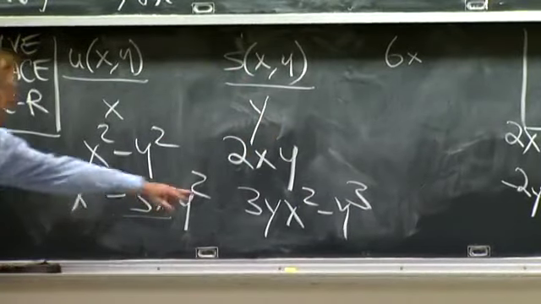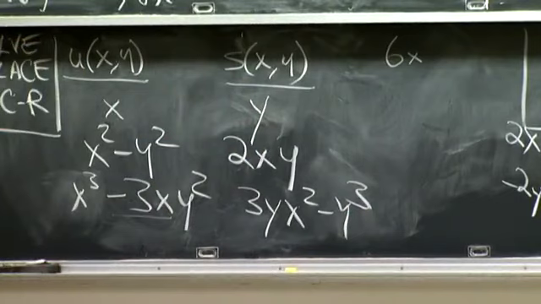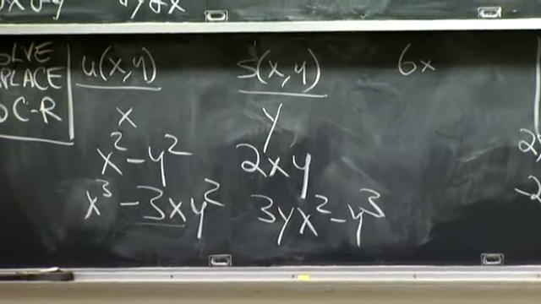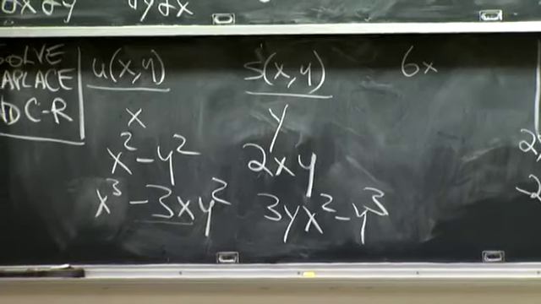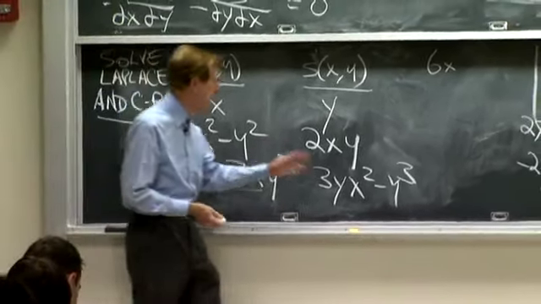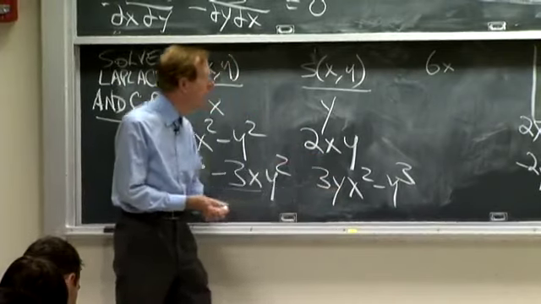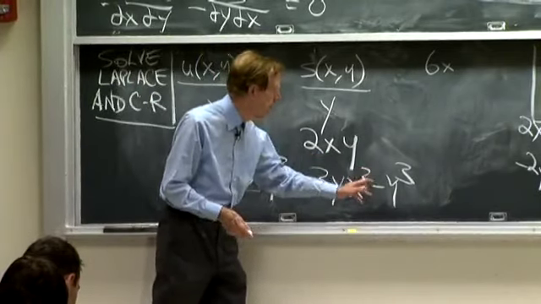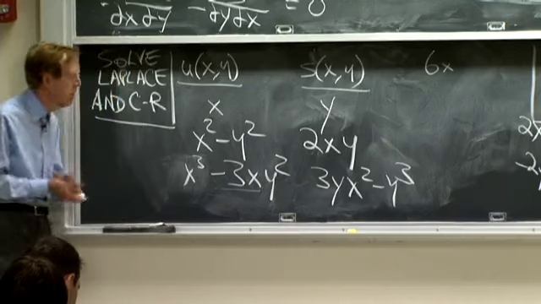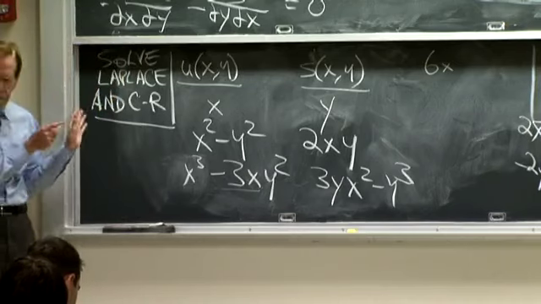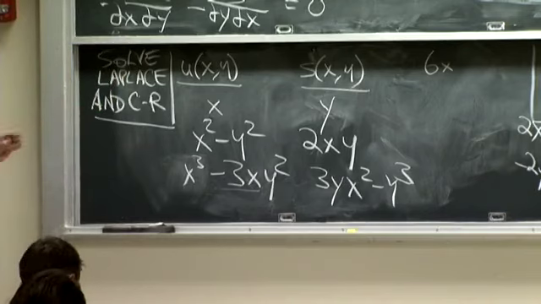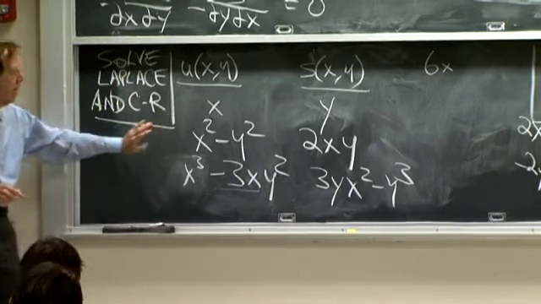If that worked, then this one should work too, because I've just switched x and y, and I think it'll work right here. The second x derivative will be 6y, and the second y derivative will be minus 6y, and I think that's good.